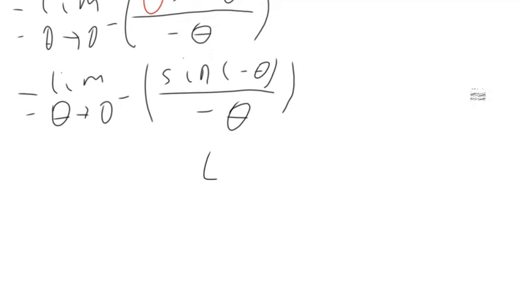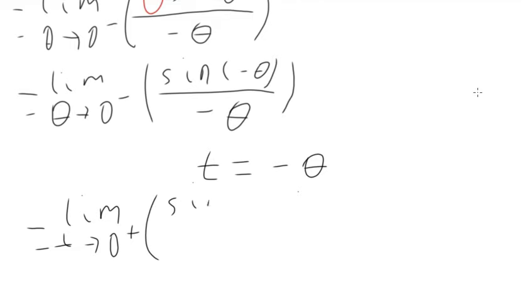And now I'm going to make a substitution. I'll pick t to be negative theta. And I'll rewrite this limit in terms of t. So t is our new variable. So the first thing we have to do is figure out what does t go to. If theta is going to 0 from the left, because of this negative right here, that means t will be going to 0 from the right.